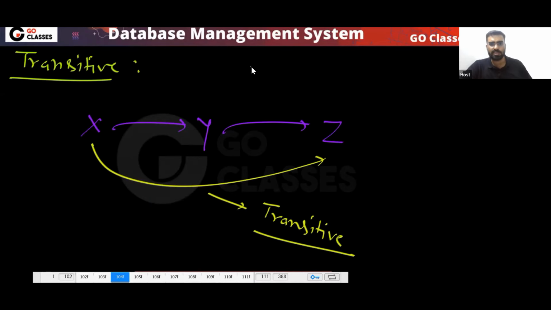Like X determines Y, Y determines Z. So X determining Z, this is transitive. This is what we call transitivity in general.